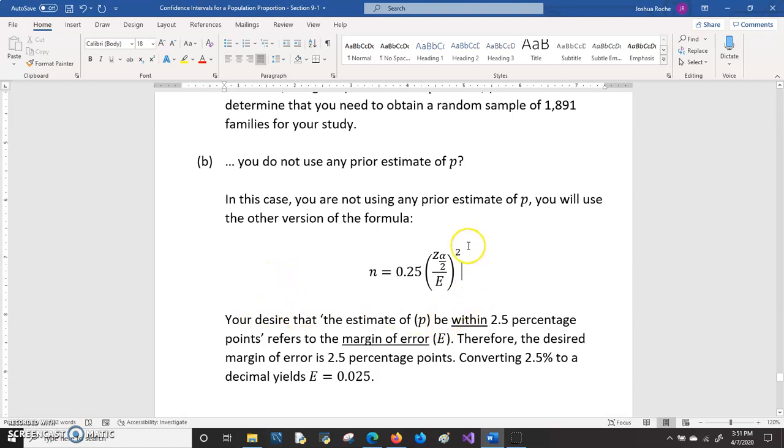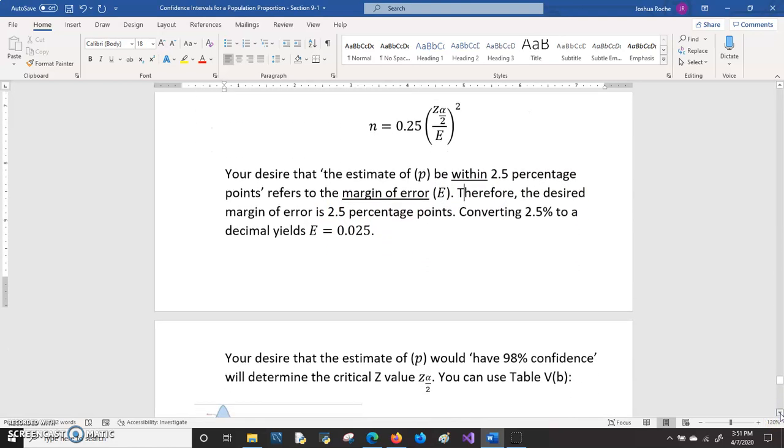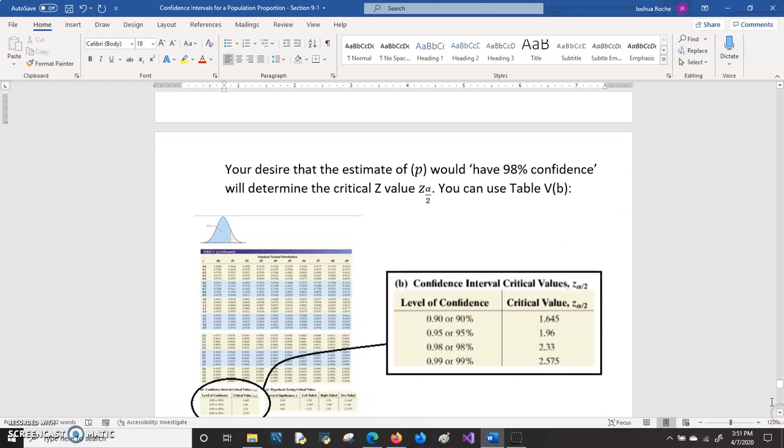So all that we'll need for this is to find E and the Z. And we already know what those are. As was mentioned a few minutes ago, the desired margin of error is 2.5 percentage points. That means that E is 0.025. To find the Z, we just look up the Z for 98% confidence.